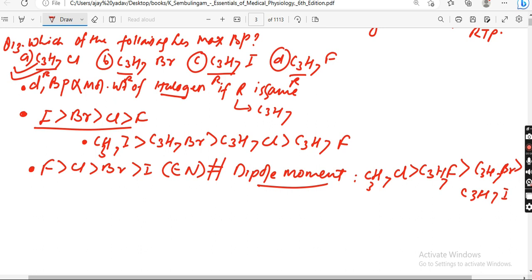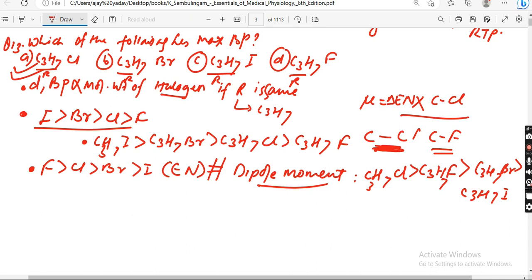This is the order of the dipole moment. Why? Because the C-Cl bond in this case is longer than in this one. Dipole moment is actually the electronegativity difference into the length of the C-Cl bond, right? So you must understand this.